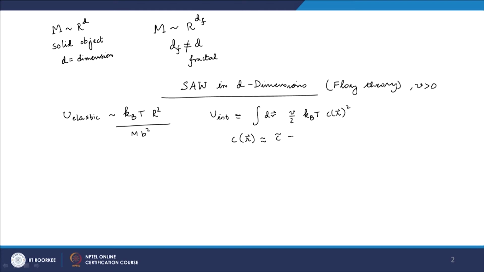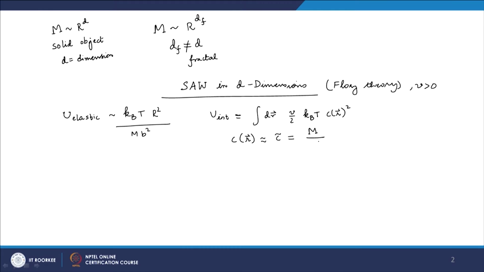The analogous quantity of volume in 2 dimensions would be the area, and in 1 dimension the length. In general, we are interested in the number of segments in r to the power d, because r to the power d is the relevant volume, surface area or length depending on the dimensionality.